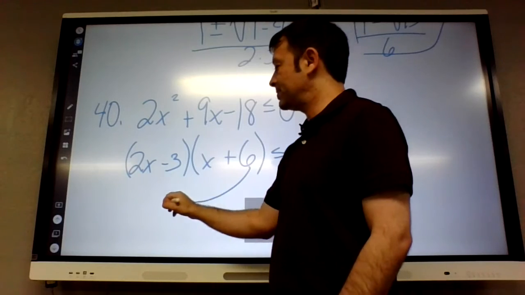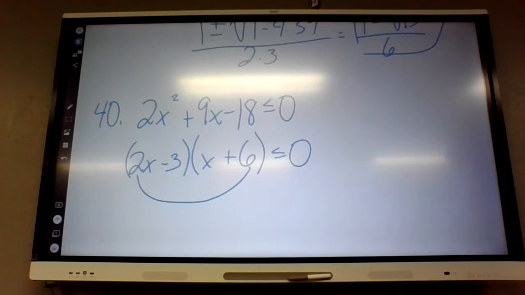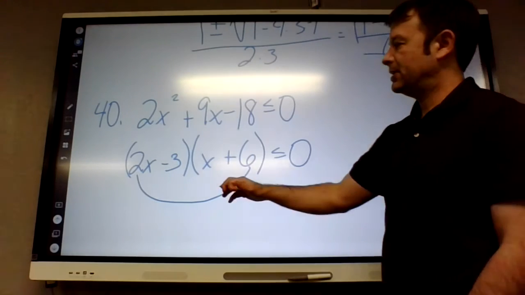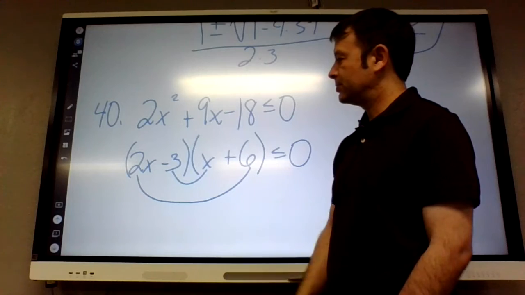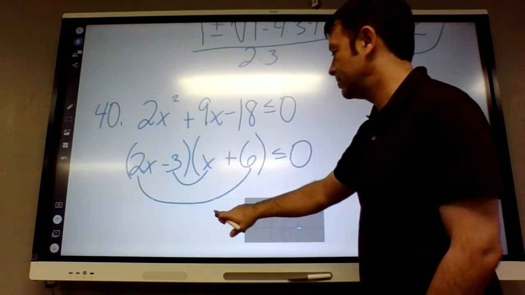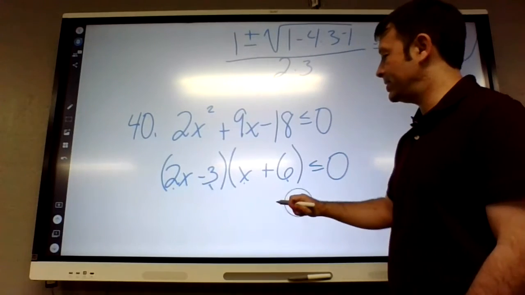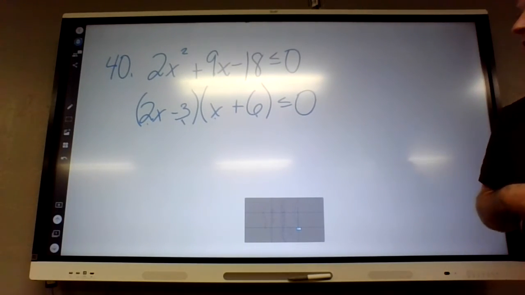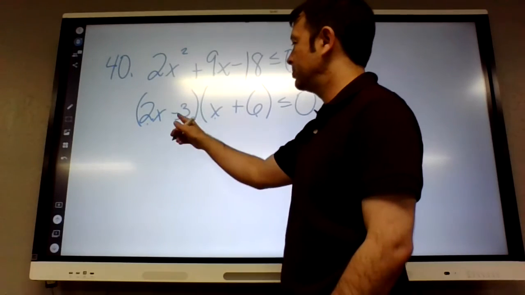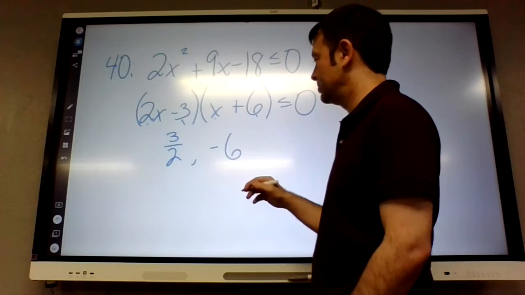Because if you put the 6 with the 2 on the outside, that would make 12x, and then the minus 3 is on the inside. 12 minus 3 is 9, so yeah. If this were an equation, what would the answers have been? Positive 3 over 2 or negative 6.